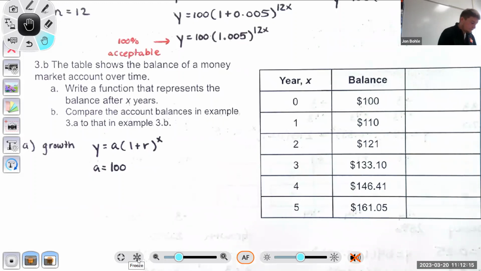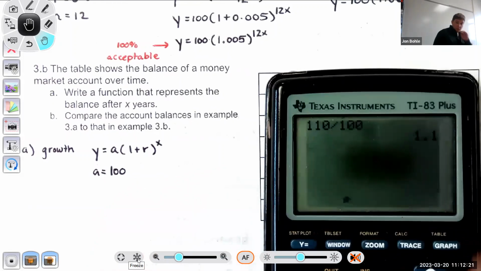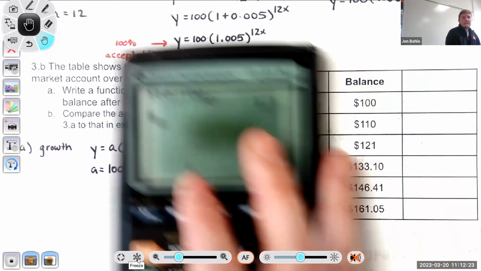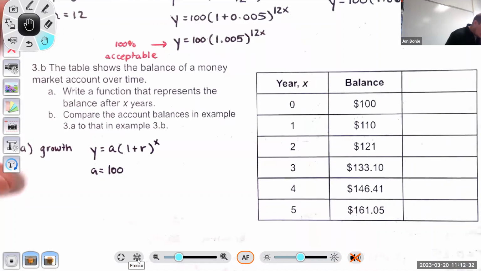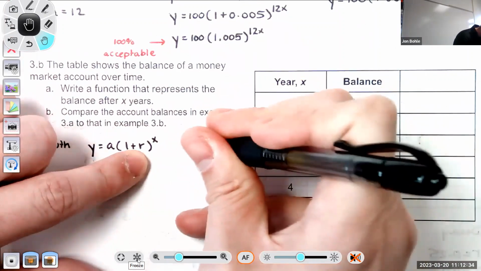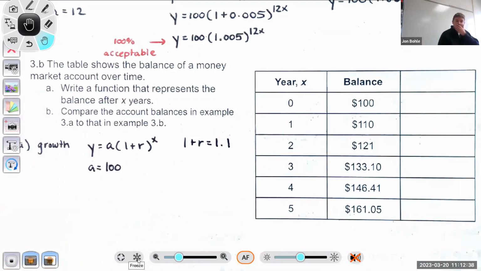Okay, let's find out. 110 divided by 100. Okay, so it's 1.1. Hold on, that's just the B value. So in this one, we know that this part here is equal to 1.1.